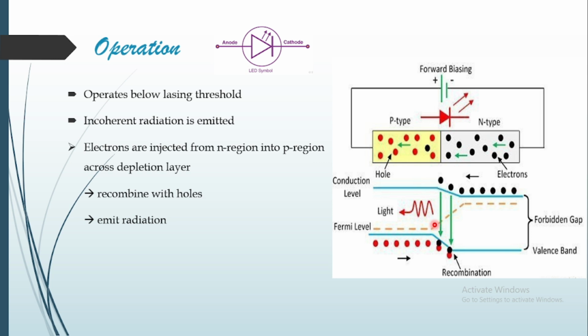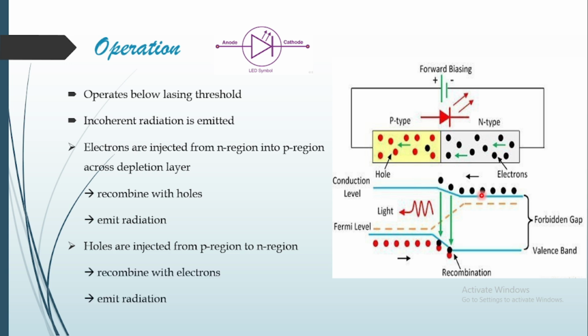And simultaneously, holes are injected from the P to the N region, where they recombine with the electrons, again contributing to the emitted radiation. So this is how the operation of LEDs occurs. In the depletion region, the recombination of holes and electrons is responsible for the emission of light from the junction.